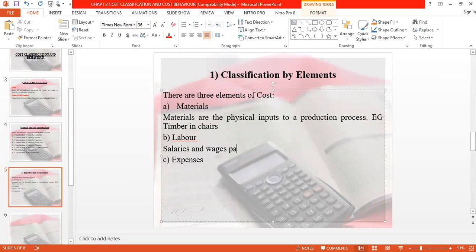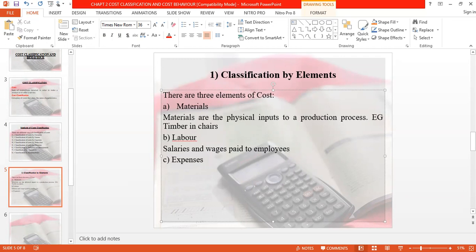wages paid to employees. Salaries and wages, whatever is paid to the employee, be it the head of the company, who is the CEO or the managing director, or be it an employee in the human resource department or production department, so long as it's an employee, whether casual or permanent, established or non-established.